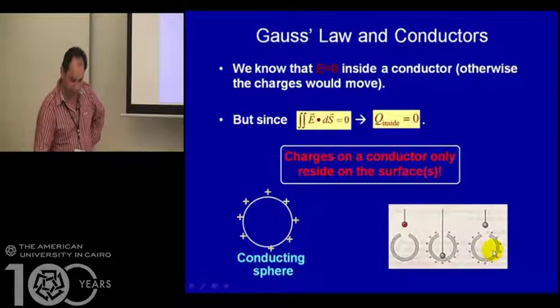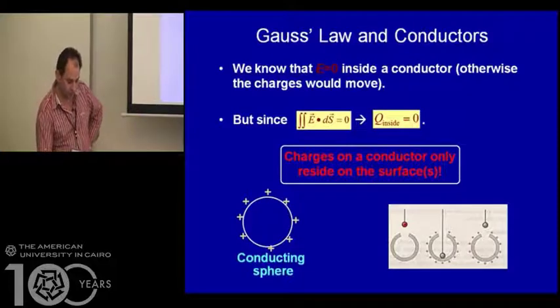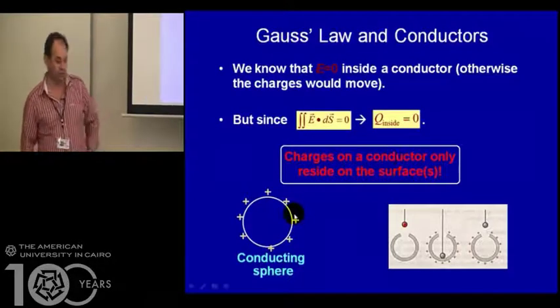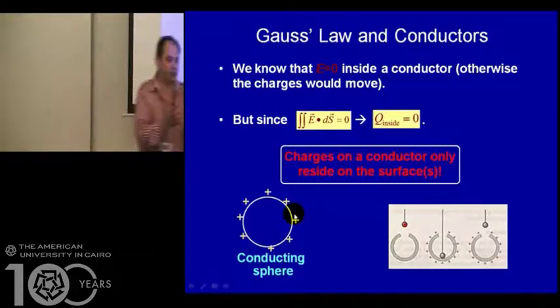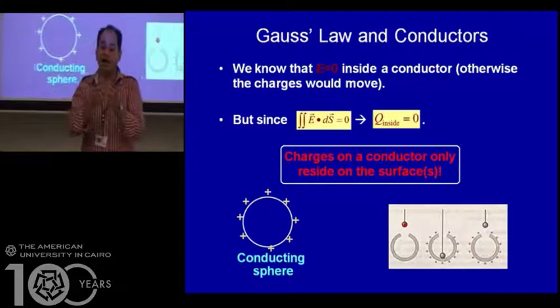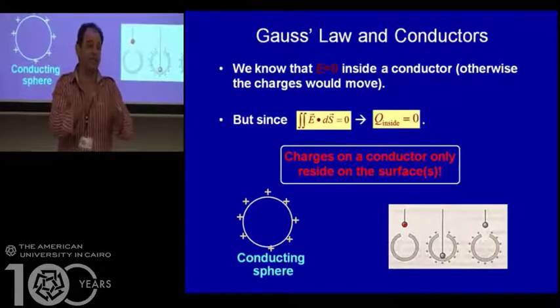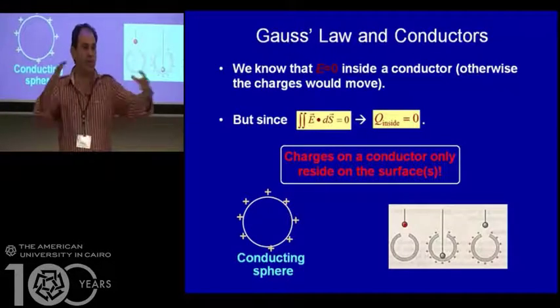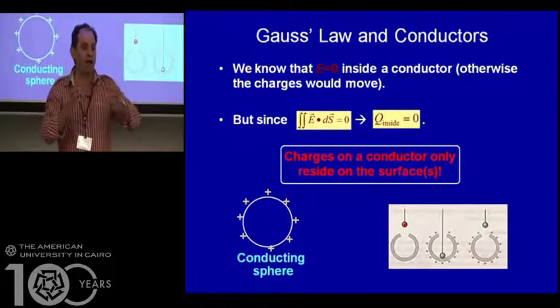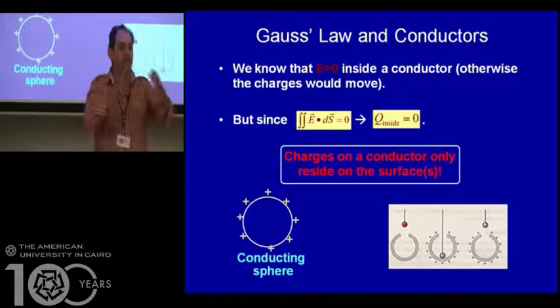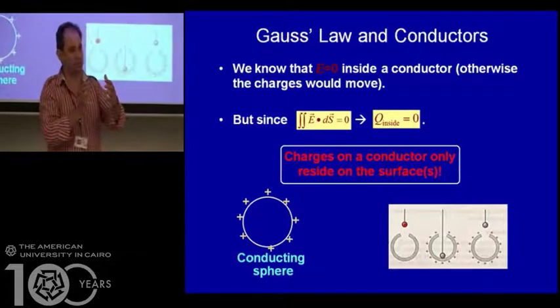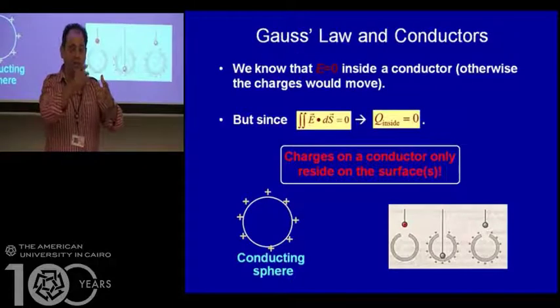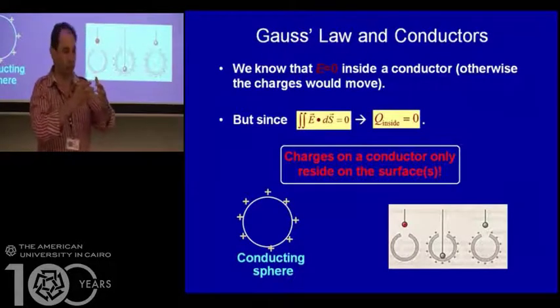Now let's assume that you have a charge Q, and you put it inside a solid conducting sphere. What happens? The charge will go away as far as possible from each other, and they will reside only on the outer surface. And inside the sphere, there will be no charge.